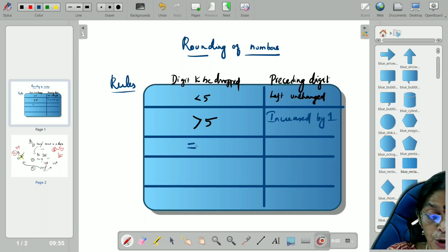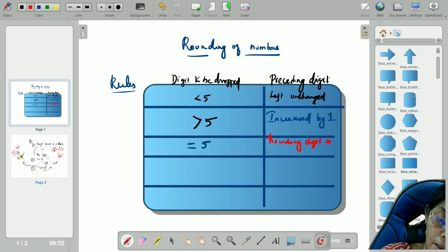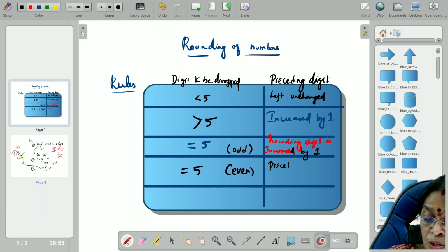If the digit to be dropped is equal to 5, then the preceding digit is increased by 1 if it is odd. But if it is even, then the preceding digit is left unchanged.